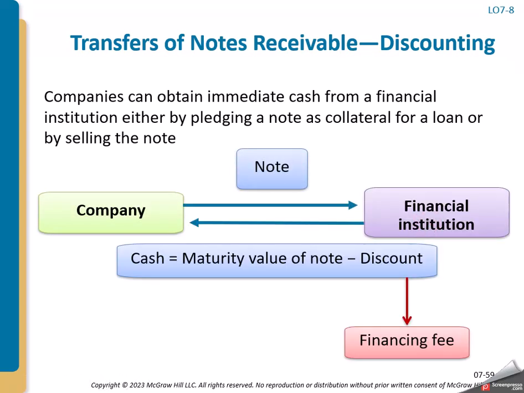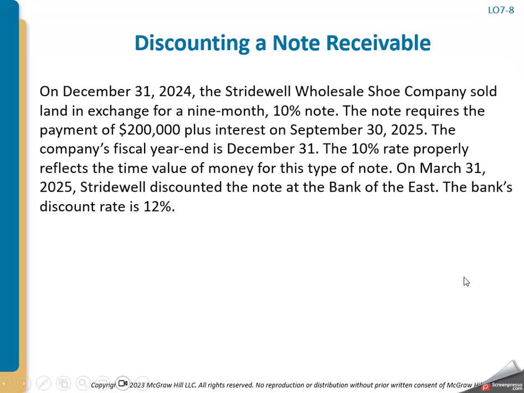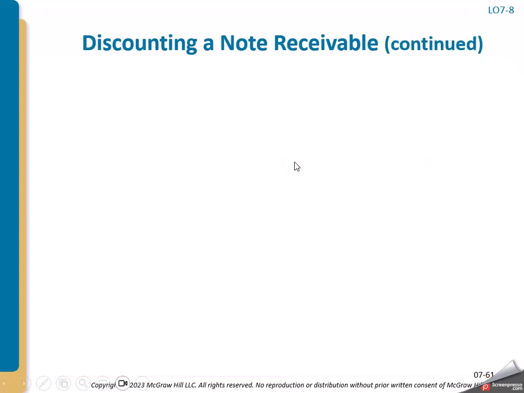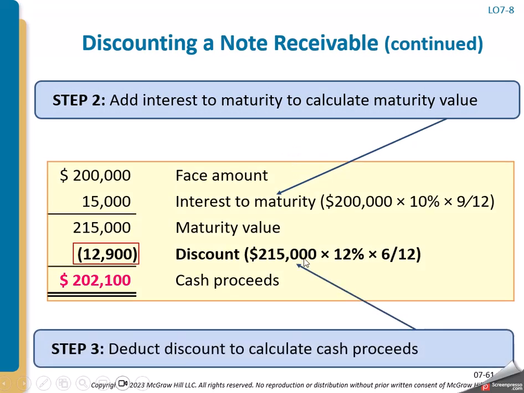There could also be a discounting, which again is going to be taken off the top, or at the beginning, and there is a financing fee involved in that as well. So, a $200,000 note at 10%, but the bank is going to discount it at 12%. So we accrue the interest at that 10% that it is for, but then we are going to be paying that 12%.